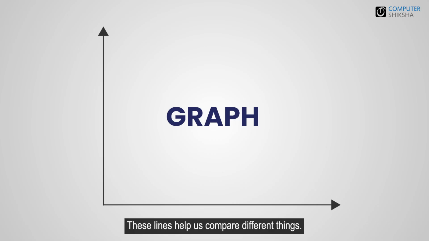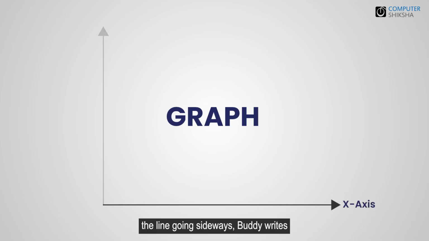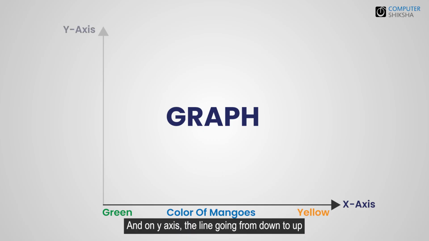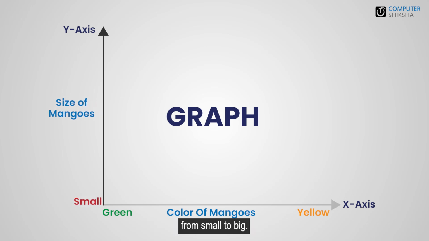These lines help us compare different things. On the x-axis, the line going sideways, Buddy writes the color of mangoes from green to yellow. And on y-axis, the line going from down to up, Buddy writes the size of mangoes from small to big.